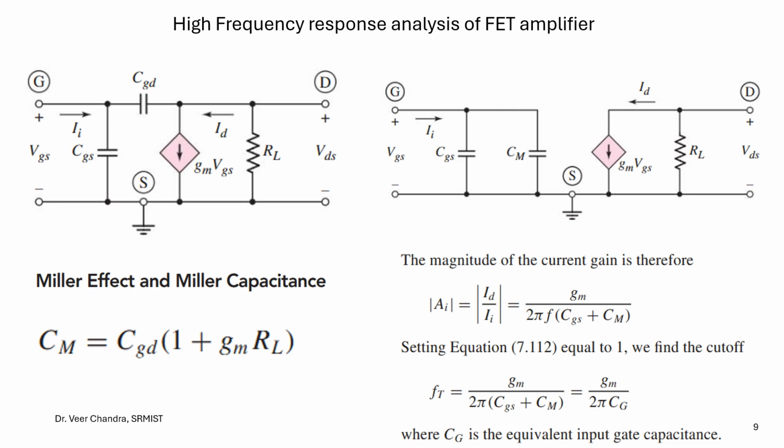Similarly, for the higher frequency response, if you remember during the BJT response analysis, we have already studied the reason for the higher frequency response, because of the very high reactance. During high frequencies the reactance will be very low and the capacitance will act as a short circuit.